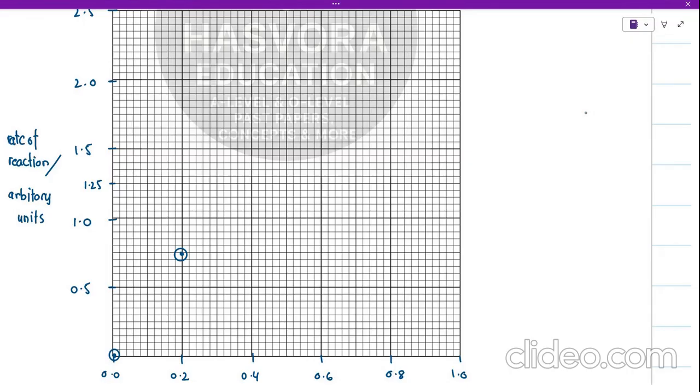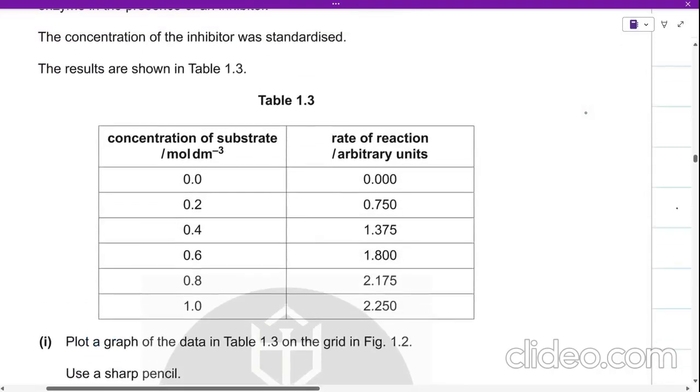Now the two small boxes above 1.25 will be 1.375. So this will be the point of 1.375 and 0.4.